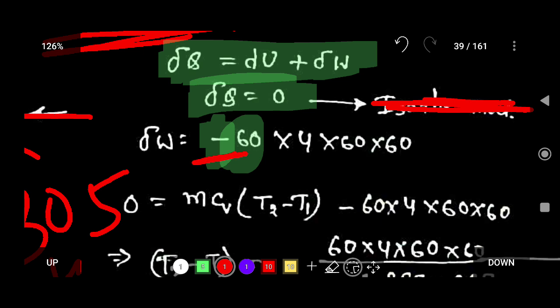So 60 into 4 hours converted to seconds, that is 4 into 60 into 60 seconds. That is the amount of work that goes into the system.